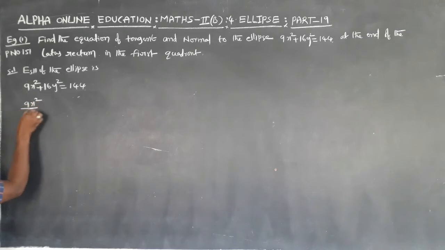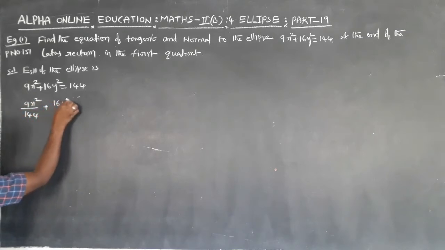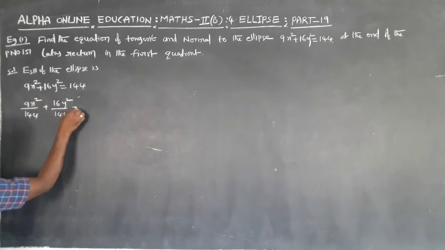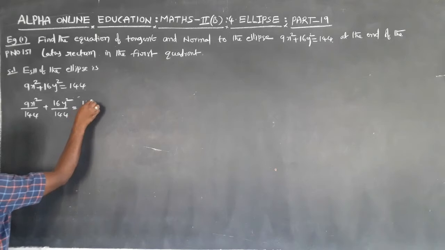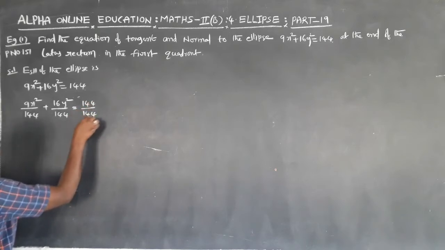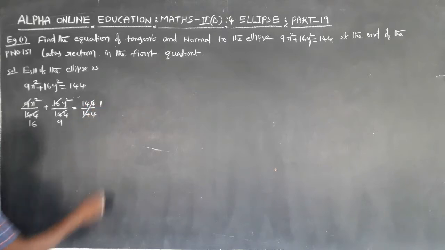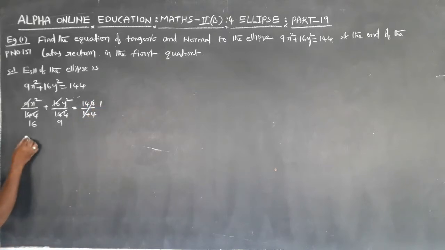So both sides divided by 144. 9x square by 144 plus 16y square by 144 is equal to 144 by 144. 9 cancels with 9, 16 cancels with 16, 144 divided by 144 is 1.